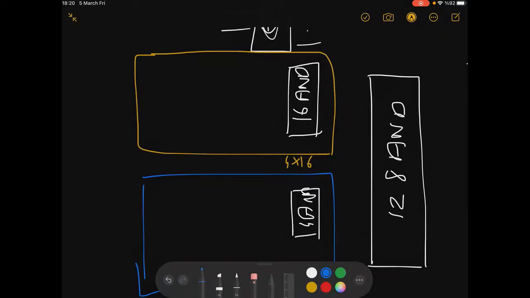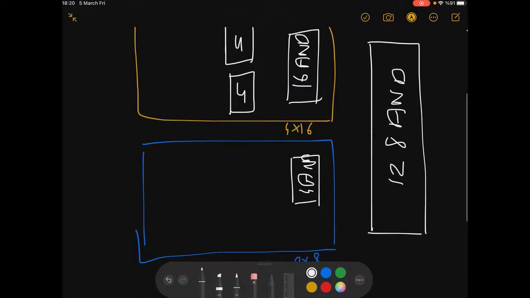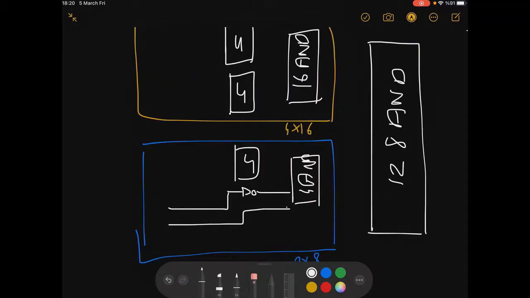And what is in this 4 by 16 decoder? There will be two 2 by 4 decoders. It means that you will have a level of 4 AND gates here, a level of 4 AND gates here within this one, and you will have a selection input here and nothing else, connected like this.